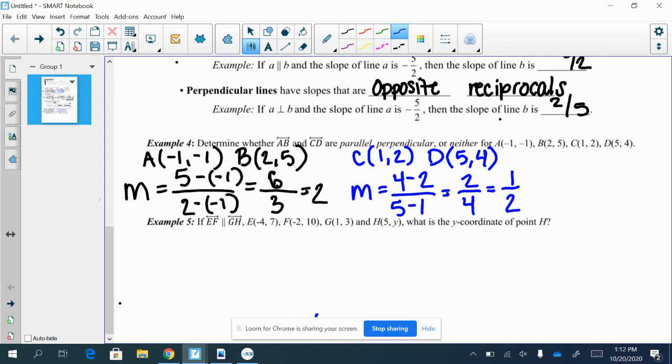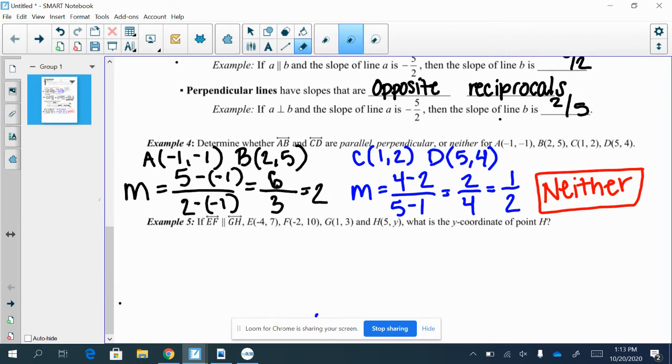Okay, so we have a slope of 2 and a slope of 1/2. Remember, they're not the same slopes, so they're not parallel, but perpendicular slopes are opposite reciprocals. These are both positive, meaning they are neither.